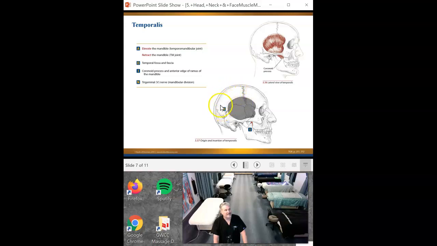The parietal. Yes. So we've got the frontal, the parietal. And what's this bone down here called? Can somebody tell me what this bone down here is called? Is that temporal? That is the temporal bone, sir.